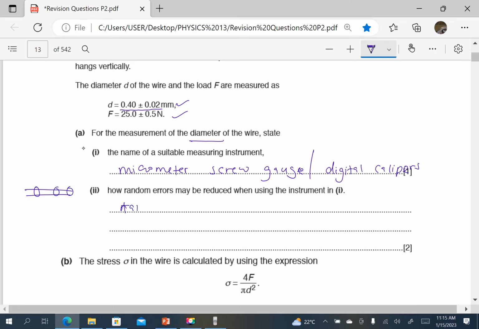So take several readings along the wire and obtain the average. So if we want to reduce random errors, we take several readings around the material, and then we obtain the average.